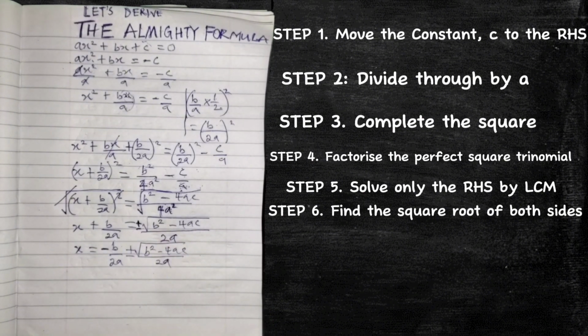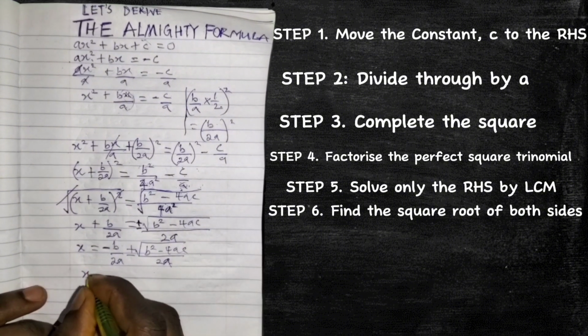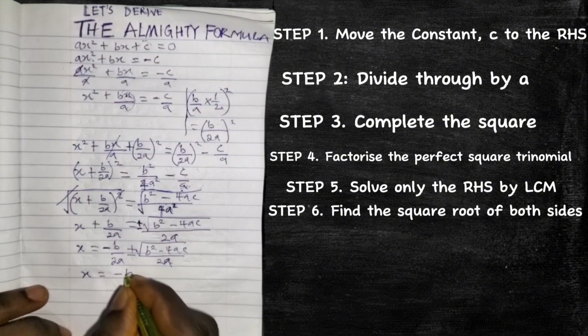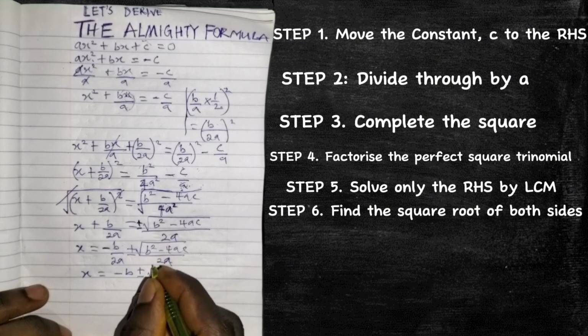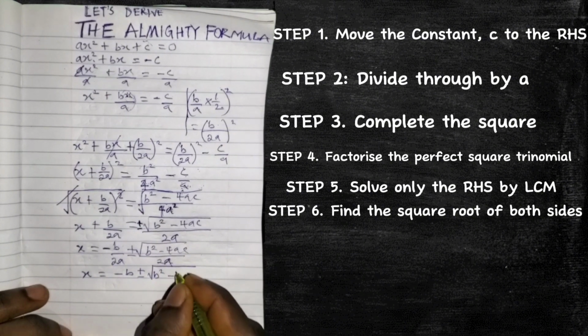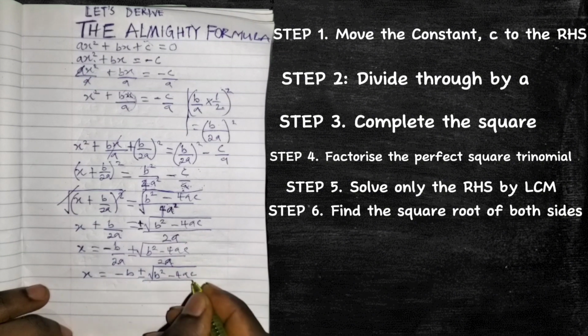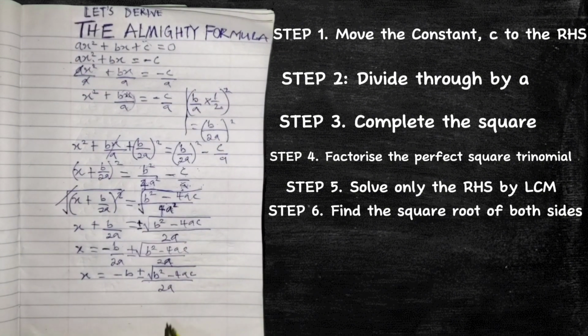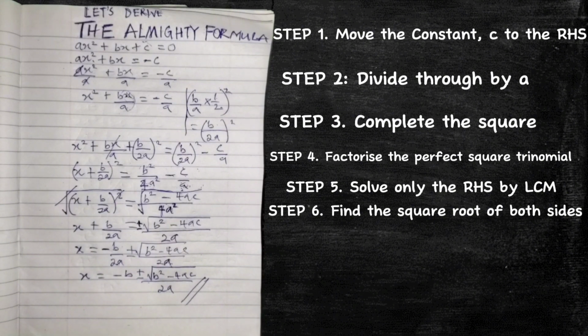In fractions, there's a rule that when two fractions are being added and there is a common denominator, you can just maintain one denominator and add or subtract the numerators. So we have our final answer: minus b plus or minus square root of b squared minus 4ac all over 2a. Maintain one denominator, and this is the almighty formula, or the quadratic formula.